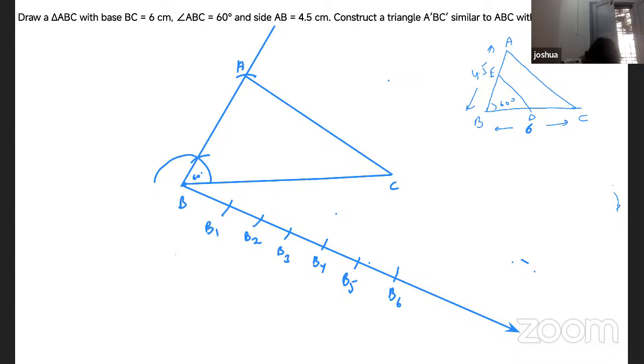Understood, everyone? I ran out of page. Out of the page, so take a little less measurement. Everyone understood? No, you didn't understand anything.